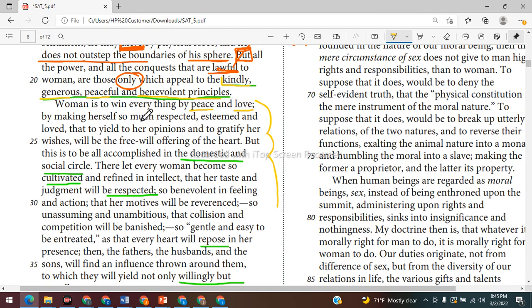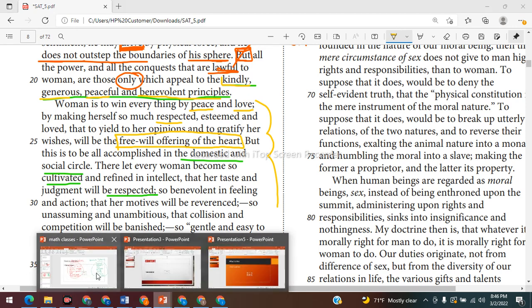By making herself so much respected and esteemed and loved that to yield her opinions and to gratify her wishes will be the free will offering of the heart. That's very important. Free will. So listen to me carefully.